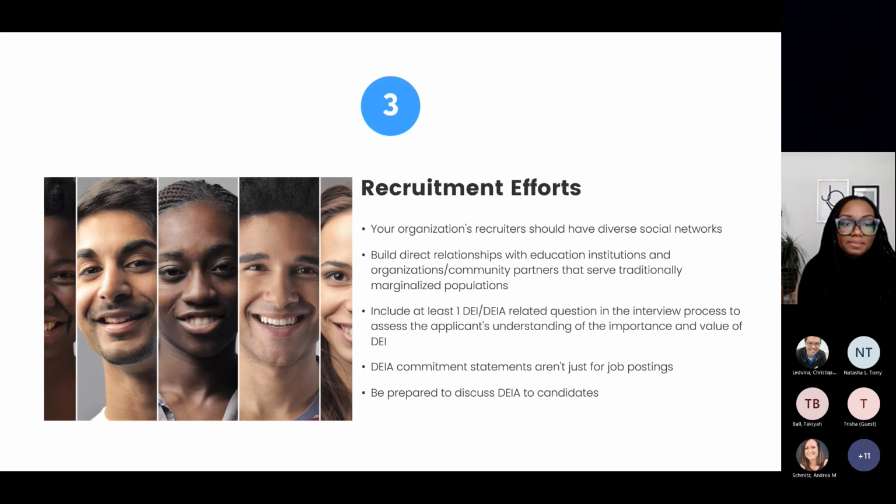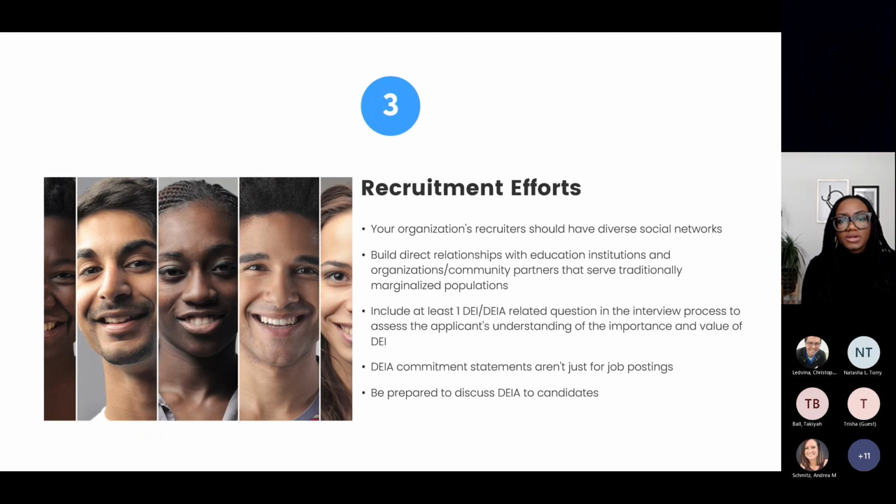Also, diversity, equity, inclusion, and accessibility commitment statements are not just for job postings. I know a lot of organizations have that: we're committed to having a diverse workforce and feel free to apply, we do not discriminate. But if you go to their company's website, they don't have a diversity statement, you know?